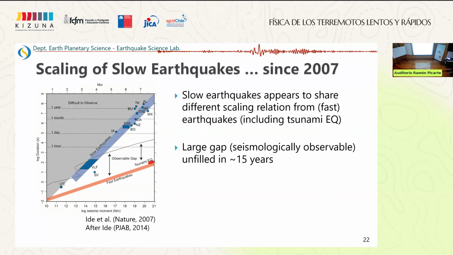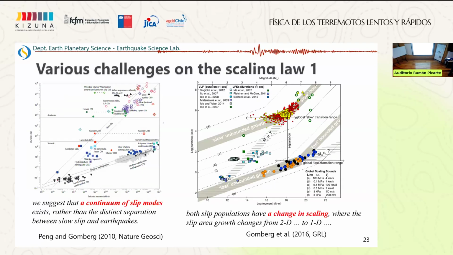It's not very difficult to detect something happening around here. We seriously looked for events in this area, but nobody found any. So maybe we can conclude there is no event between this line and this line. Another group of people suggested that this line cannot continue this way.